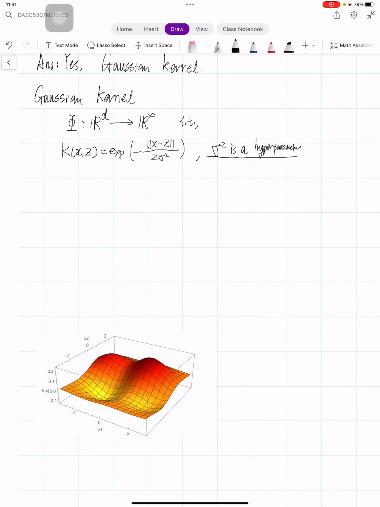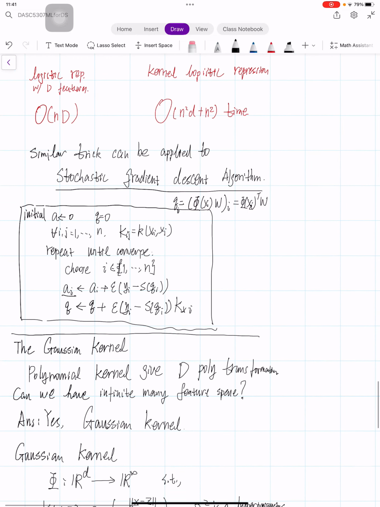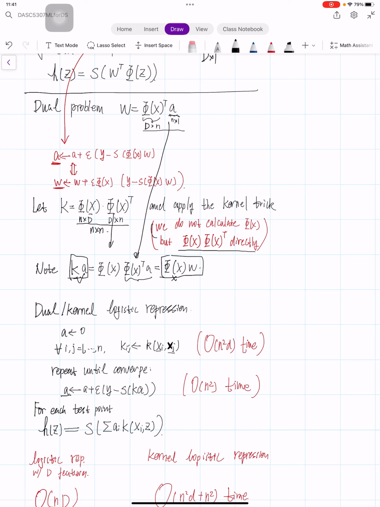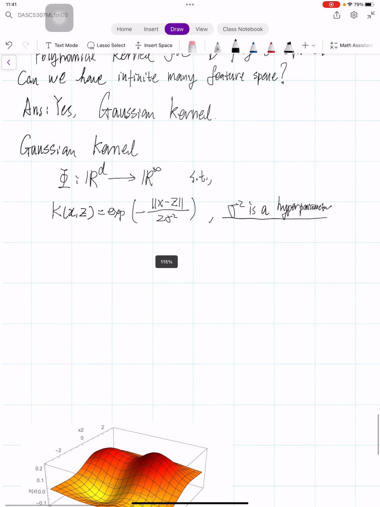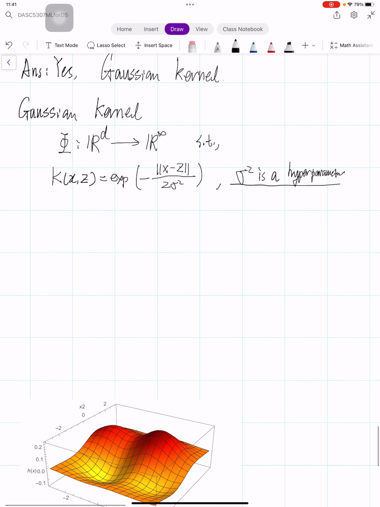Remember, previously when we calculated the kernel trick, even when we have a D-dimensional feature space, the actual calculation is only n by n. Similarly here, even if you have infinitely many features.